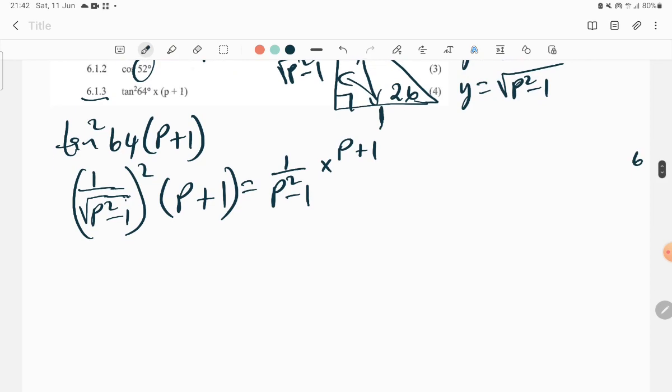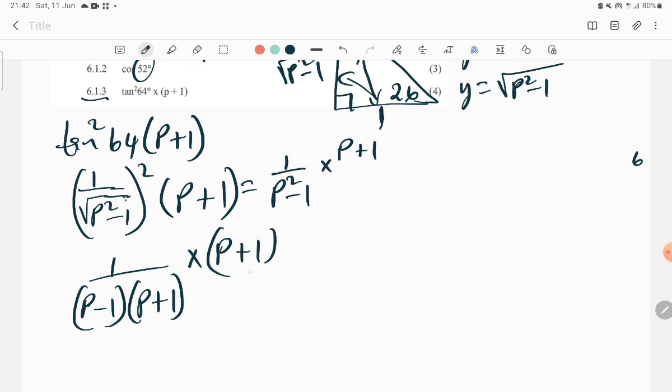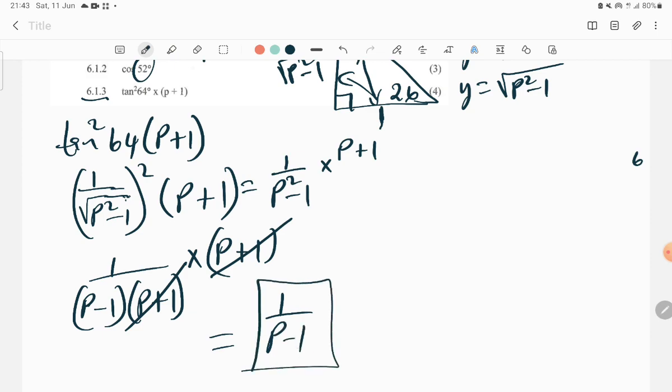So let's factorize the denominator: p minus 1 times p plus 1, then times the p plus 1 that was given there. Therefore you can see that these cancel each other, and your final answer becomes just p minus 1. So just like that.